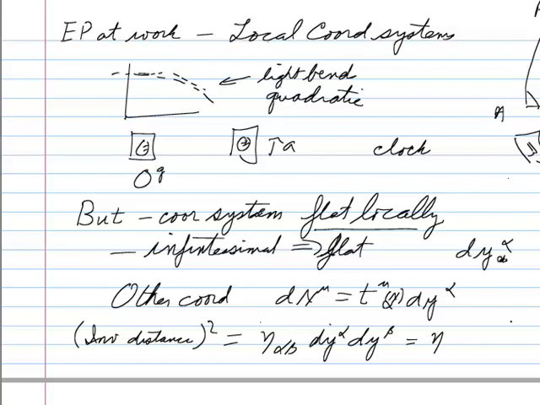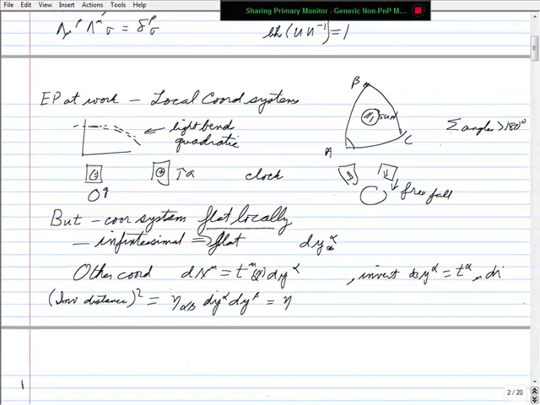Actually, I needed to do something, an extra step here. We can also invert these. dy alpha is T alpha mu dx mu, we're going to take this to be the inverse.